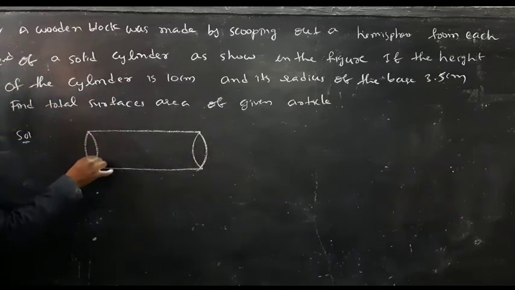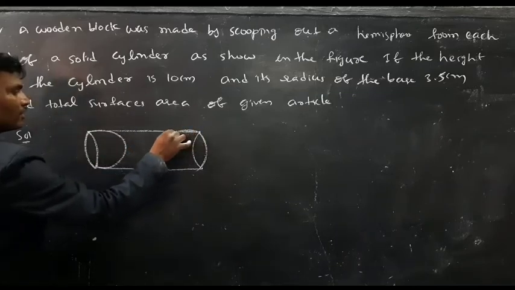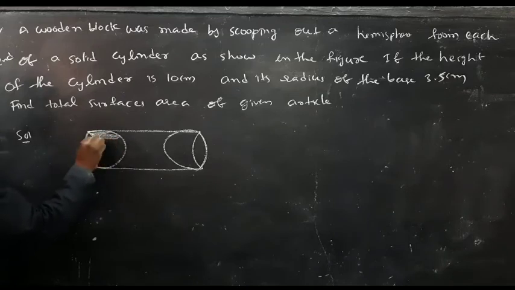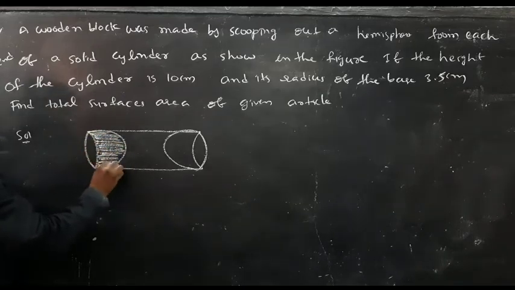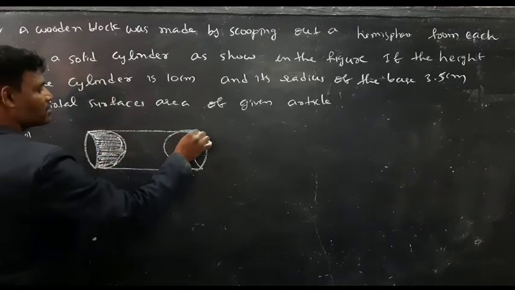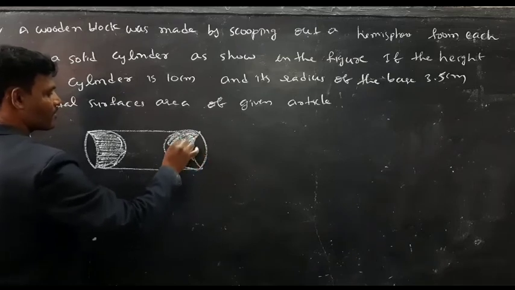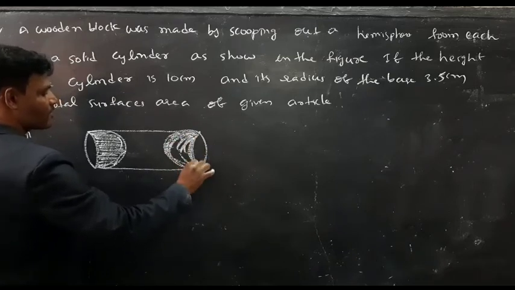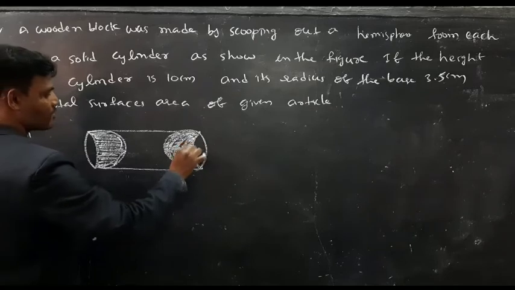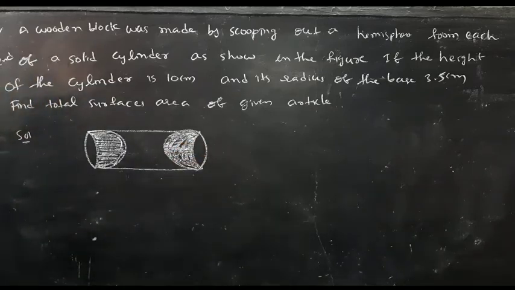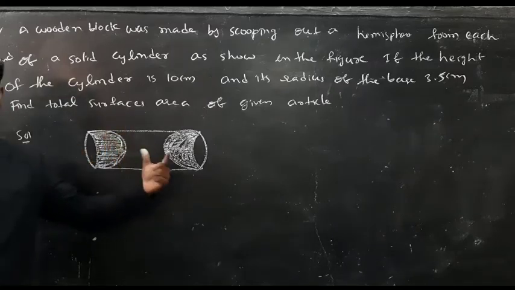In that cylinder, on two sides, two hemispheres are removed. Now you have to find the surface area of this figure.